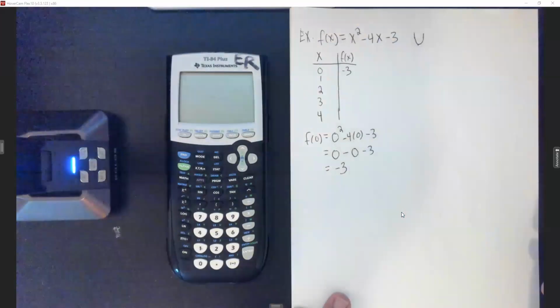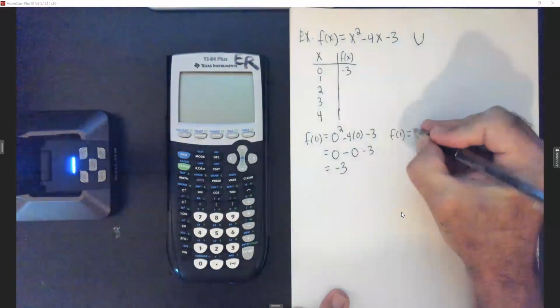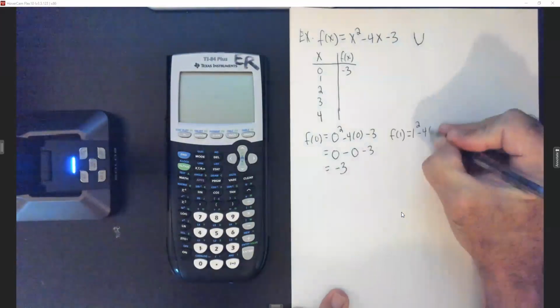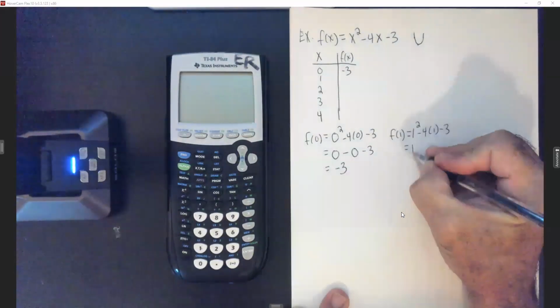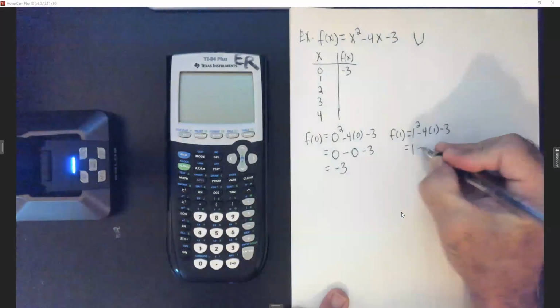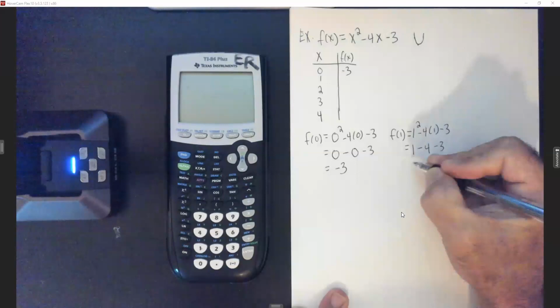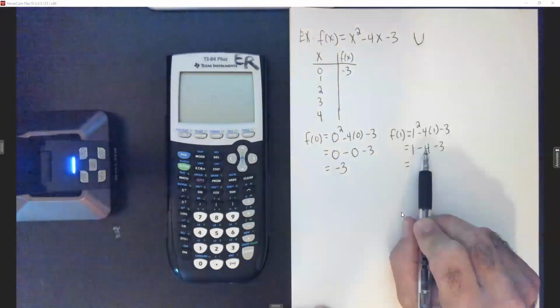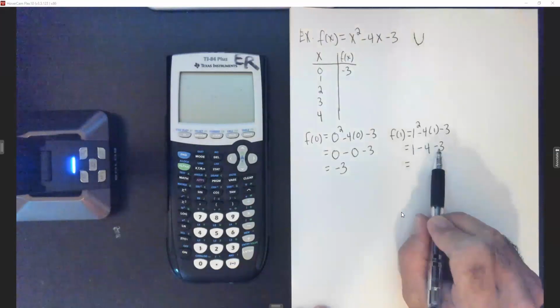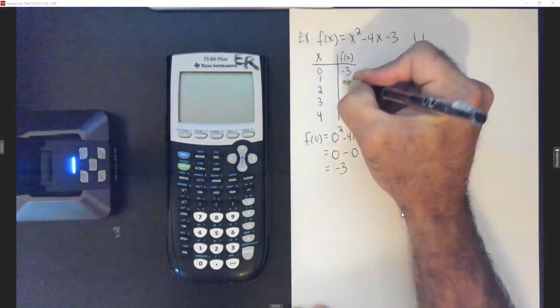All right, what's next? F of 1. That'll be 1 squared minus 4 times 1 minus 3. So 1 times 1 is 1, minus 4 times 1 is 4, minus 3. Let's see what that gives us. 1 minus 4 is negative 3, and negative 3 minus 3 is negative 6. And y'all, this is just like the others.